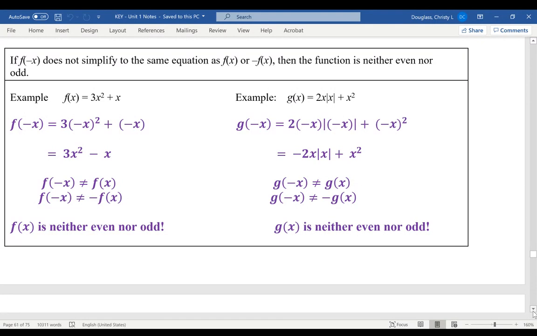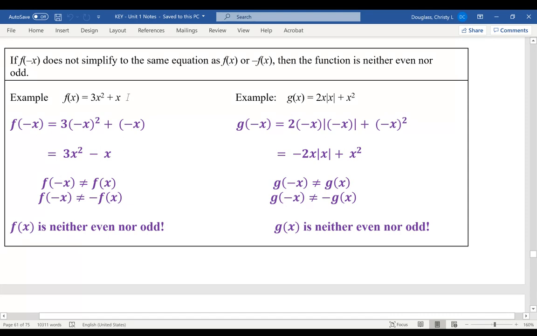This time, when I replace x with negative x, the negative x squared, of course, cancels out the negative signs because a negative times a negative is a positive. However, when you add a negative x, that's the same as minus x. This is not the original function. It's also not exactly the negative of the function either.